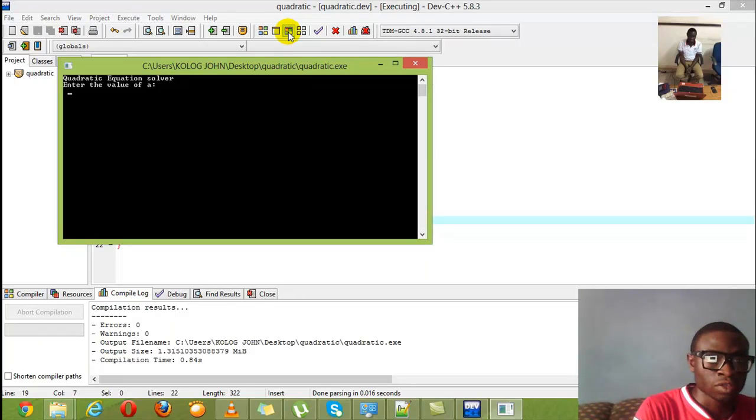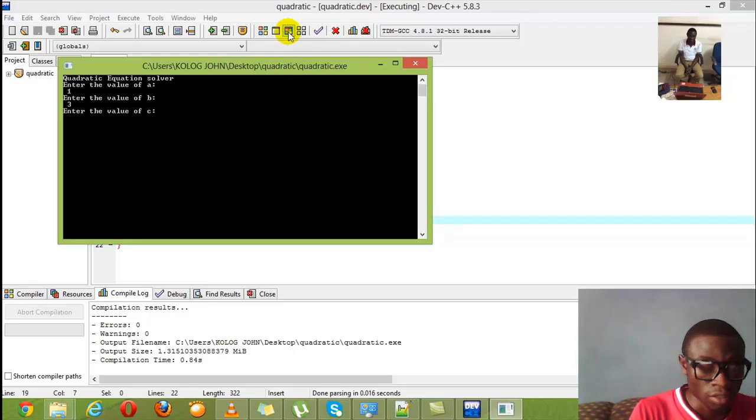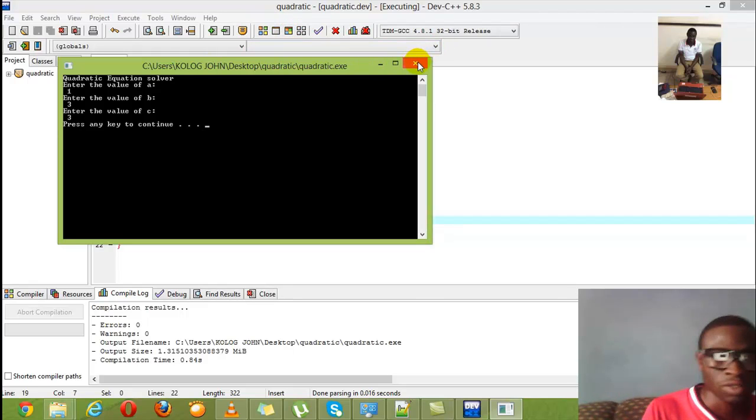Okay, quadratic equation solver, enter the value of a, we enter 1, the value of b 2, then enter the value of c 3. So it works for us, we're able to receive the input. In this case, that would mean 1x squared, which we don't write as 1x in mathematics, so x squared plus 2x, that is because it's positive, then plus 3, the 3 is a constant, that's c, right?